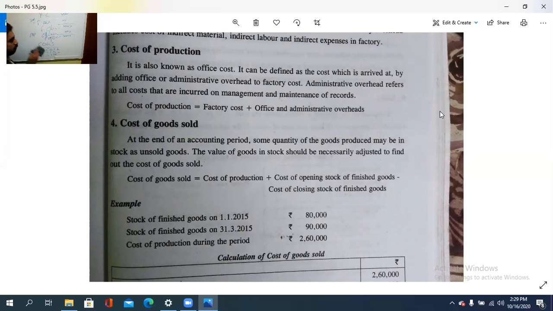See, what is the stock of finished goods? 80,000. Stock of finished goods are 80,000 and 90,000. So COP is how much? 2,60,000 plus how much? We need to add 80,000 with this. 3,40,000 less how much? 90,000.